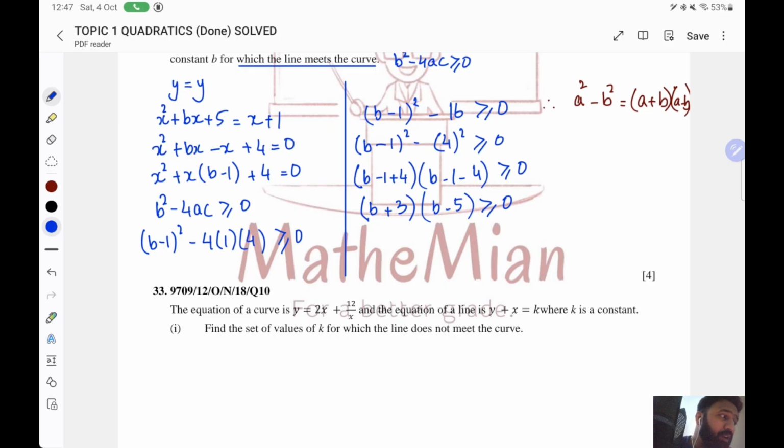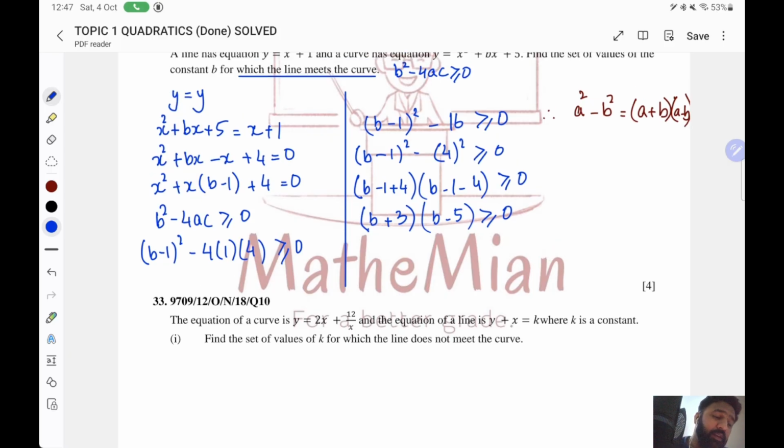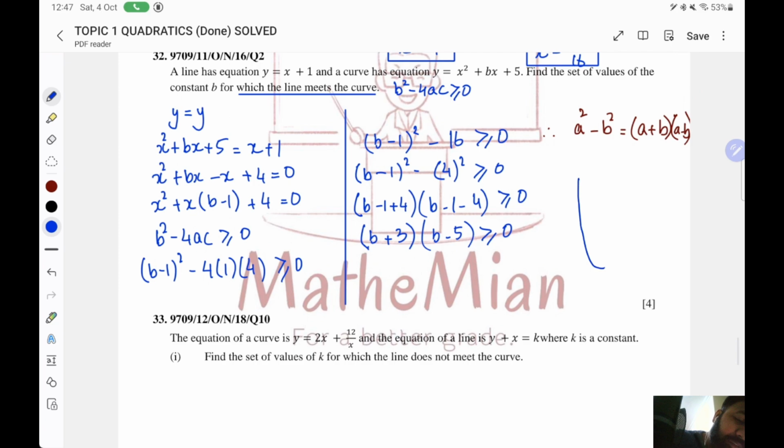Is there any problem? Now we'll sketch the graph. The two critical values are -3 and +5. From here you will have the critical value as -3, and from here the critical value as +5. Now if you look at the inequality in your question, it says greater than.